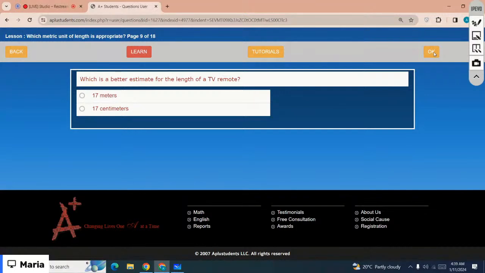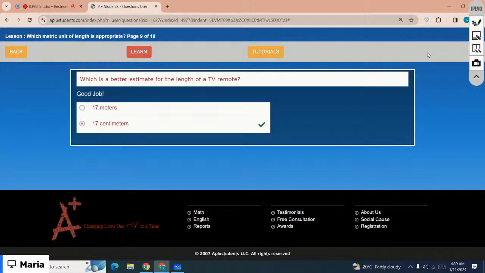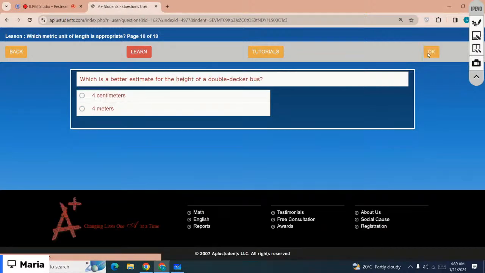Which is a better estimate for the length of a TV remote? So again, that is the length of the TV remote, right? It must be in centimeters because meter is a bigger unit for the remote. So it is 17 centimeters. Got it? The next one is which is a better estimate for the height of a double decker bus?